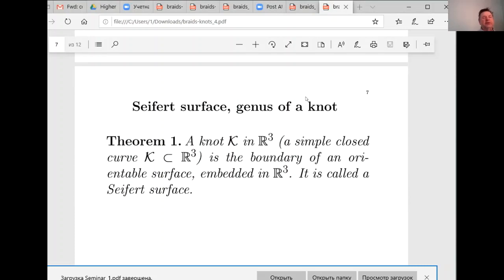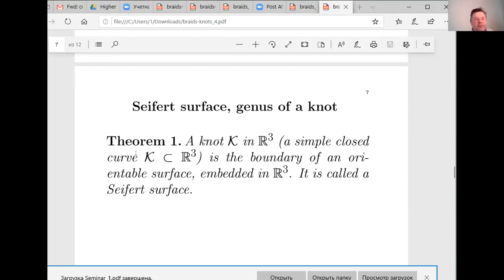But in some constructions, you should suppose some knowledge of differentiability, dérivée, and so on. So now let, as usual, K be a knot, a simple closed curve.